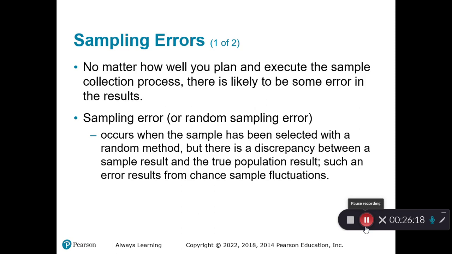We're going to spend a lot more time looking at sampling errors as we get into the later chapters of this course and we start looking at hypothesis testing. But just be aware that even if we put the best technique into action, there is always a chance that our sample looks a little different than what our entire population looks like, and so when we make those generalizations, they may not be entirely accurate.